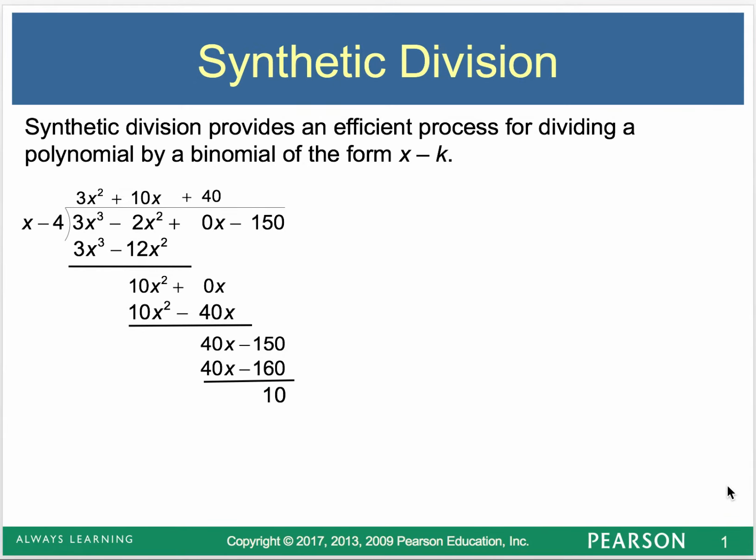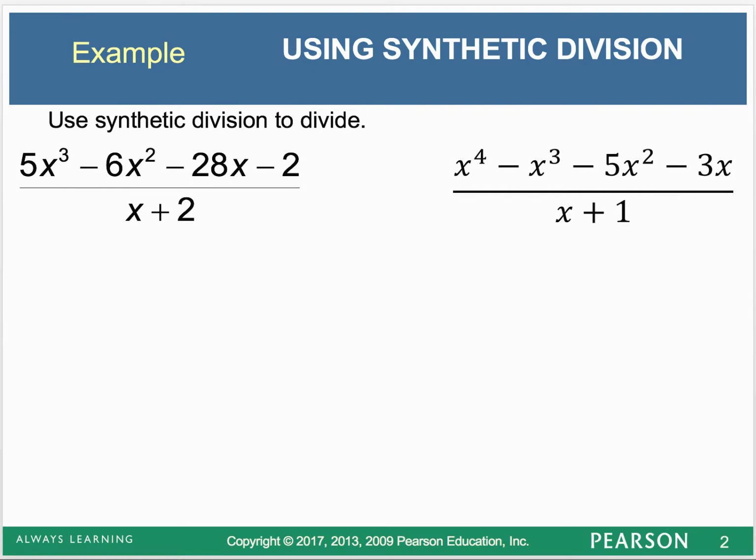So let's practice that. First thing, we have to make sure that we don't have any missing exponents, because if we do, we have to put in that 0 placeholder. So 3, 2, 1, 0. I'm good here. To do my synthetic division, I just write up the coefficients of each term.